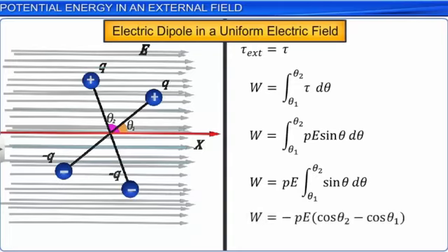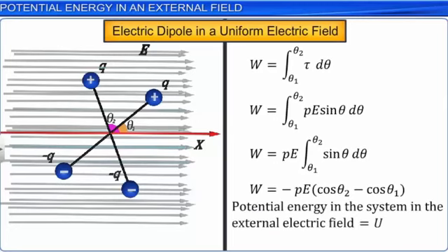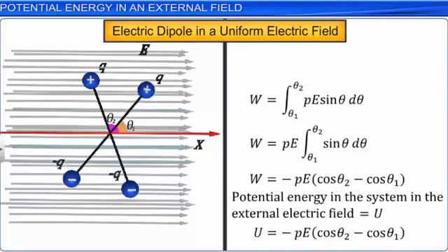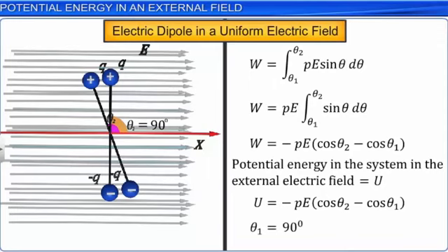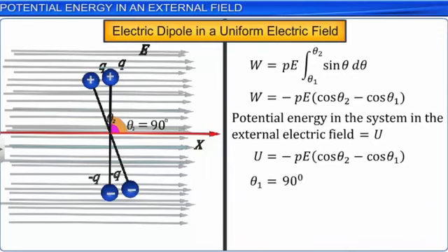This work done by the external torque gets stored as potential energy U in the system in the external electric field. If θ1 is equal to 90 degrees and if θ2 is equal to θ, then the potential energy in terms of the angle the dipole makes with the external field is U is equal to minus P E cos θ.